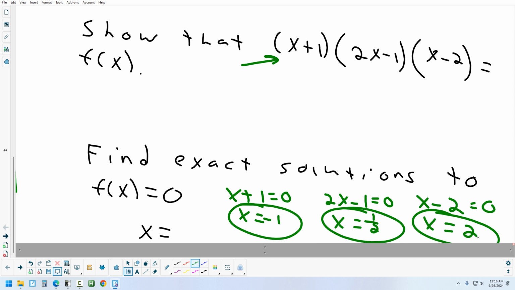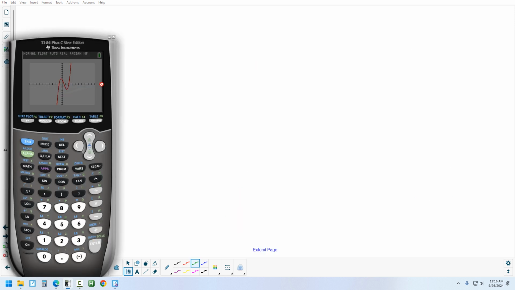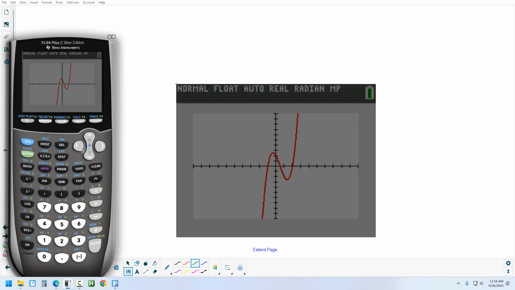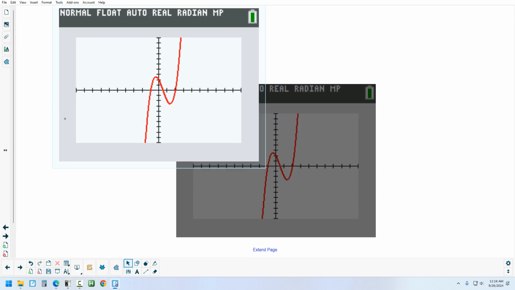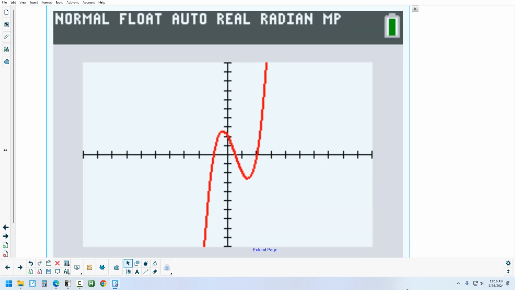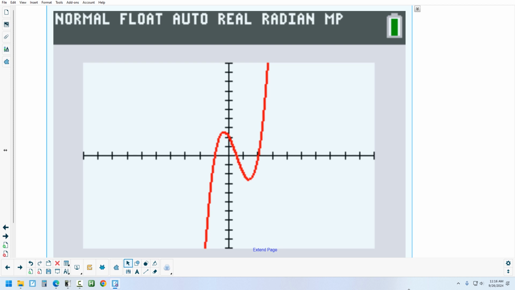Now keep those 3 numbers in mind: -1, 1/2, and 2. Let me put the graph back up on the board. And I want you to see if you notice something. Okay, so here's my graph.